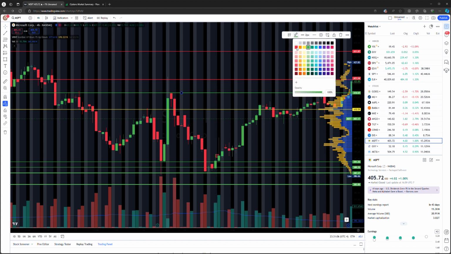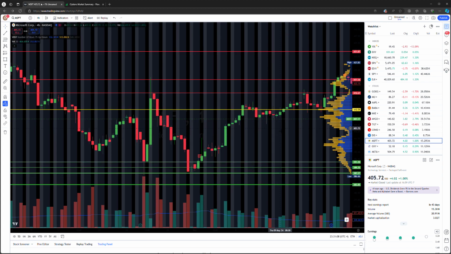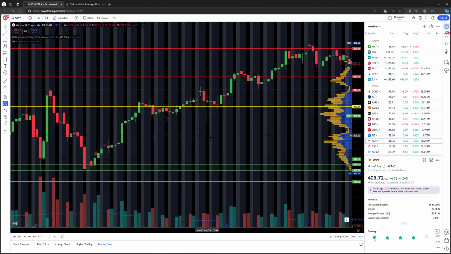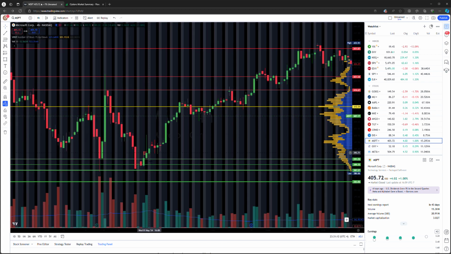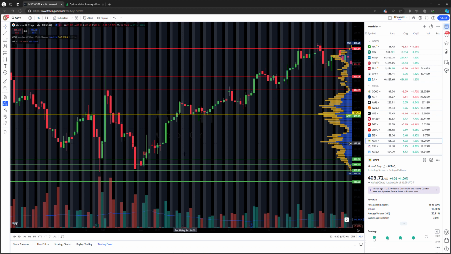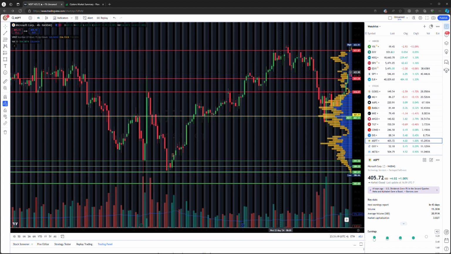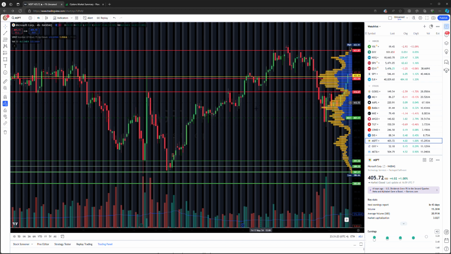Now, over time, when you become a little more skilled, you'll be able to take trades and run them out from A to B, and perhaps even catch a pivot going the opposite direction too.